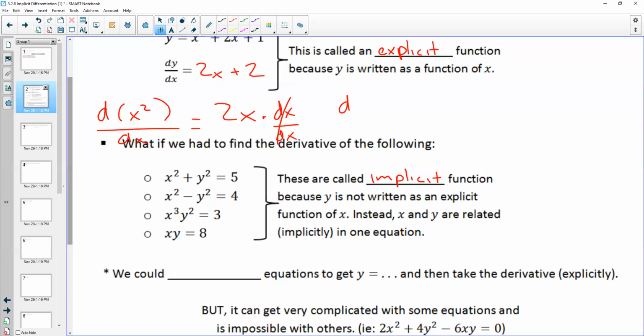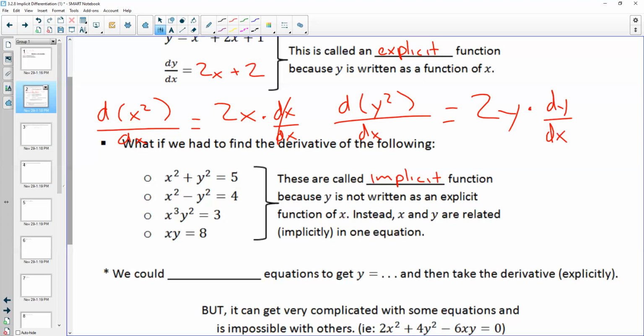But if we want to differentiate a function with y in it, we're still going to be doing it with respect to x, right? But when we do that, it'll be 2y multiplied by dy over dx, or y prime.